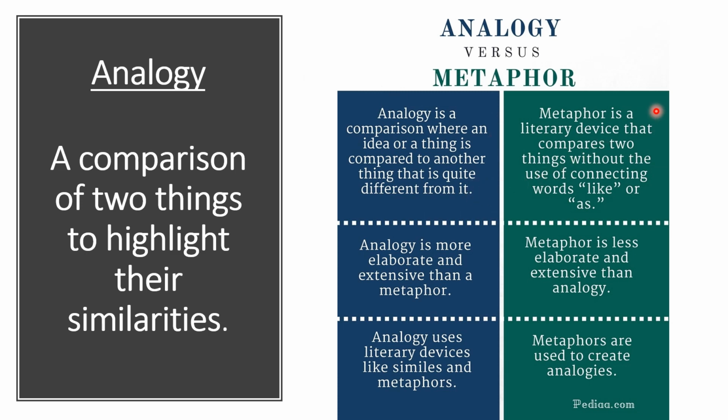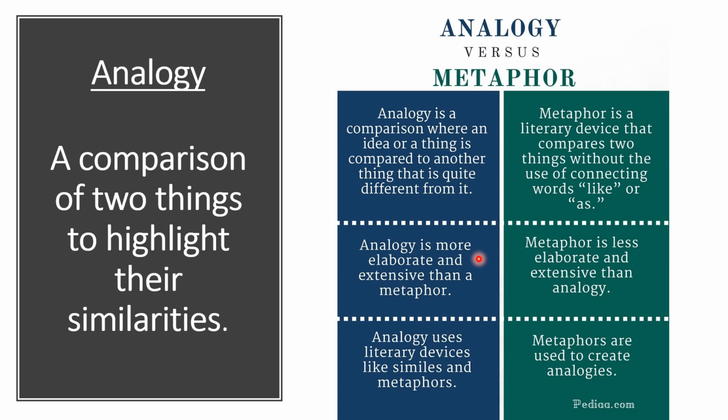A metaphor is a literary device that compares two things without the use of connecting words like or as. So the point with an analogy is you draw upon quite drastic or unique things to draw a comparison. And we'll look at that when we look at some examples later.